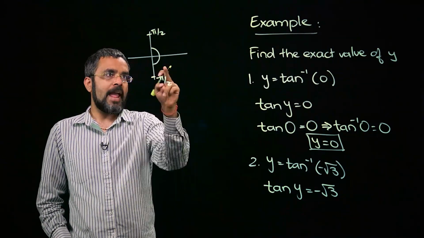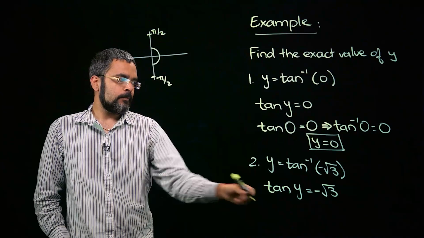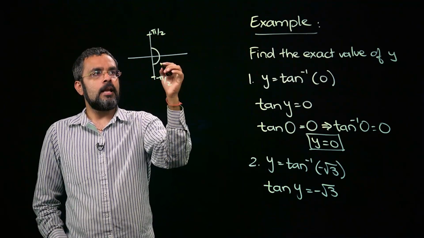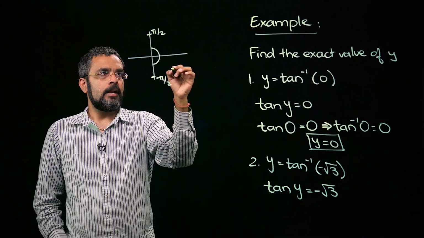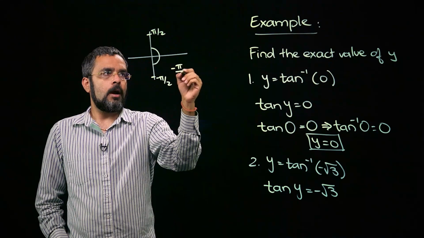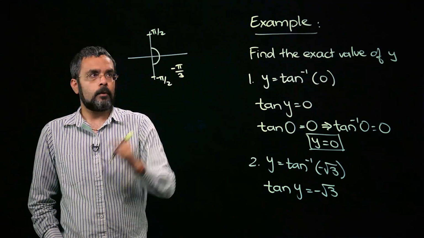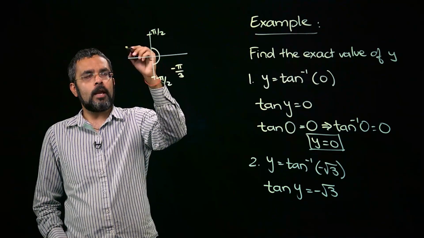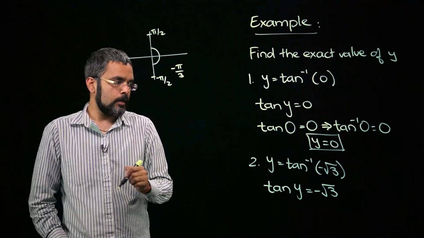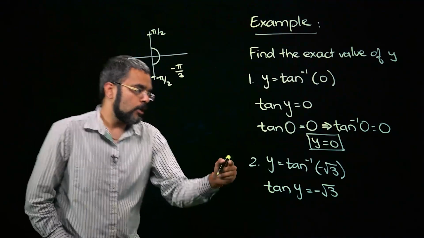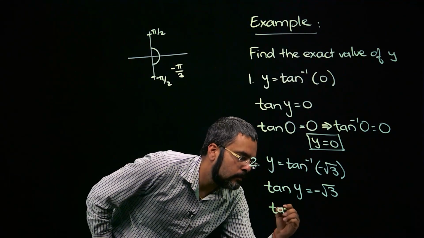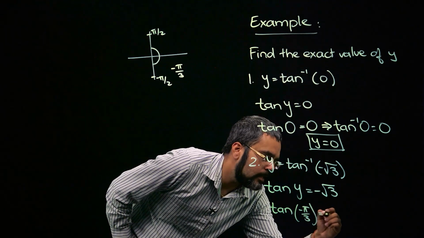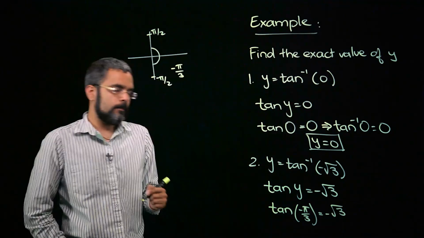So think about what angle in the fourth quadrant gives me tan of y equal to negative root 3, and that angle is going to be negative pi over 3. Okay, and that falls in the fourth quadrant. Remember that if the sign is negative, I'm not going counterclockwise, I'm actually going clockwise, right? So it falls in the fourth quadrant. So I know that tan of negative pi over 3 is negative root 3.